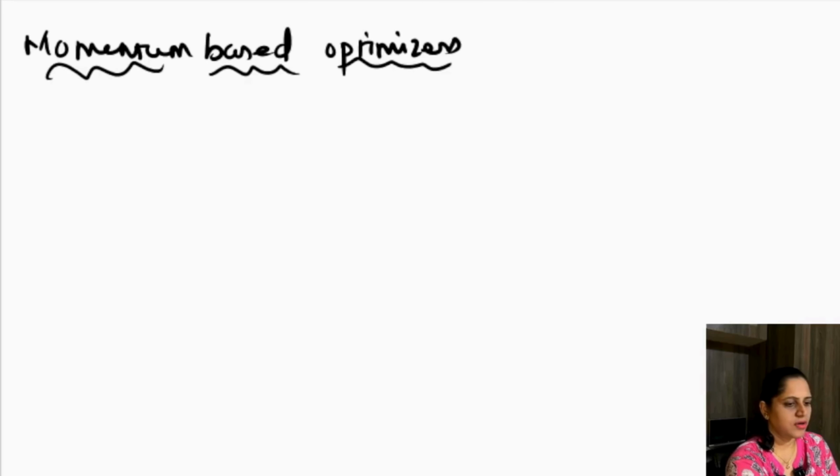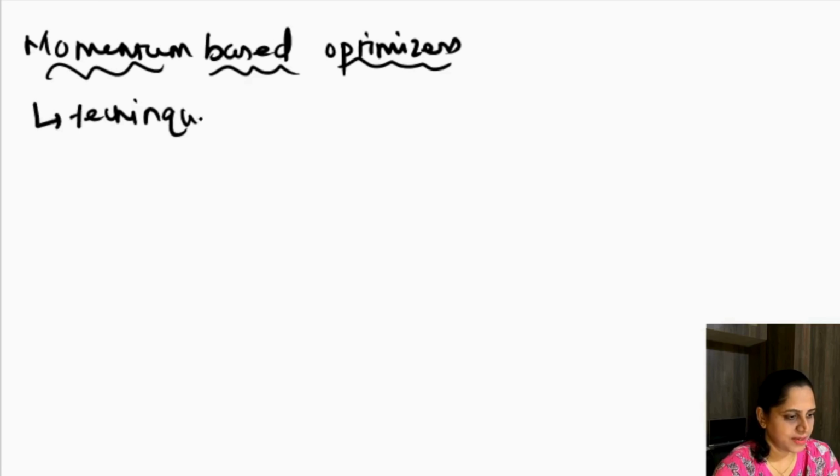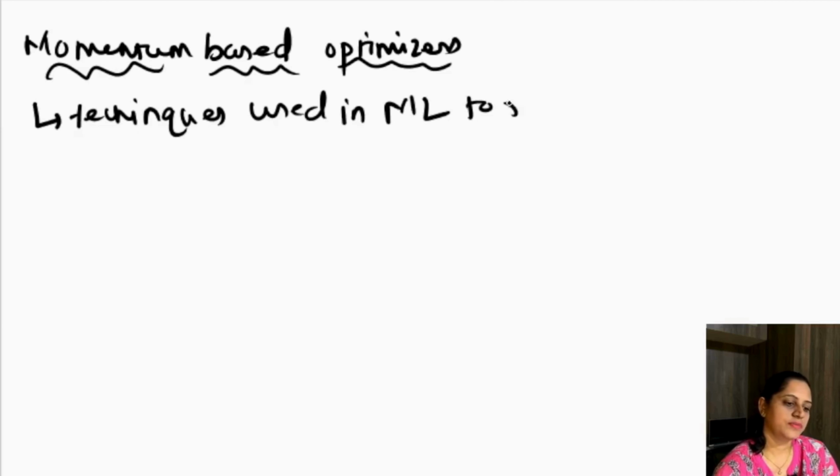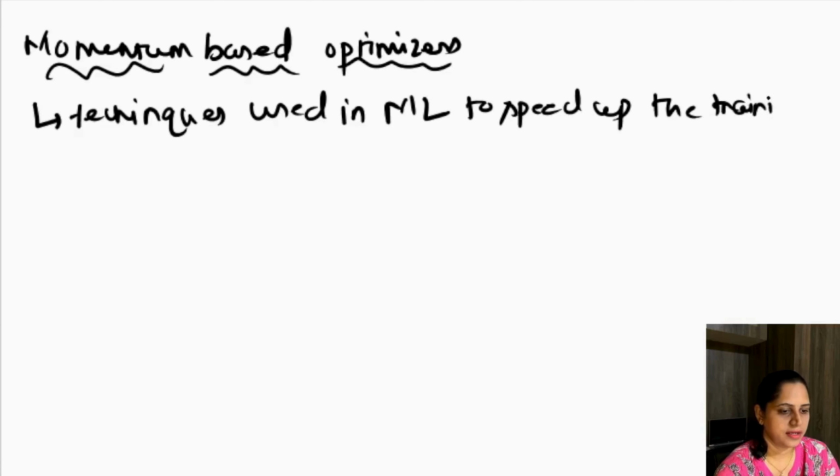So we all know, guys, what an optimizer is, at least by now: it is a technique, right? Optimizers are techniques used in ML to speed up the training, and at the same time, it improves your accuracy.